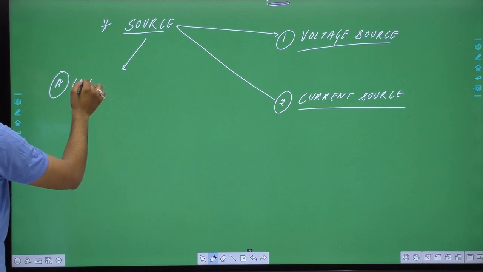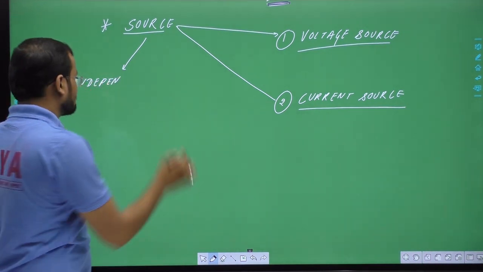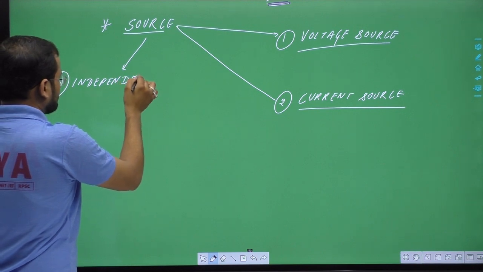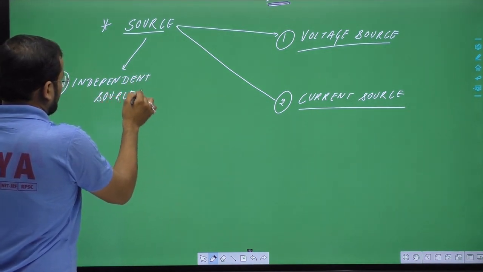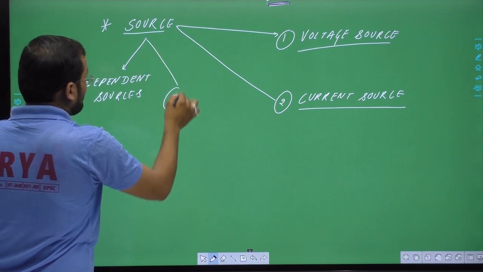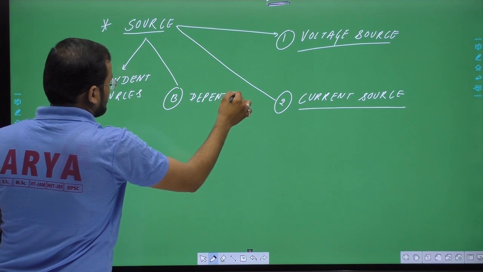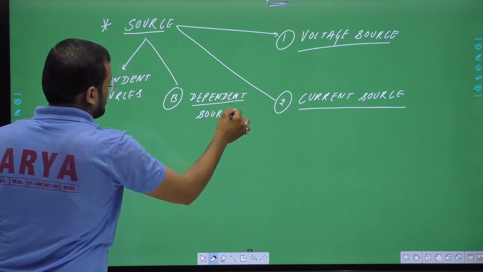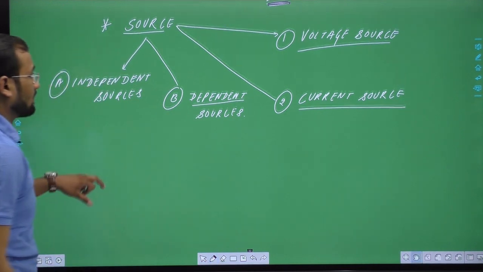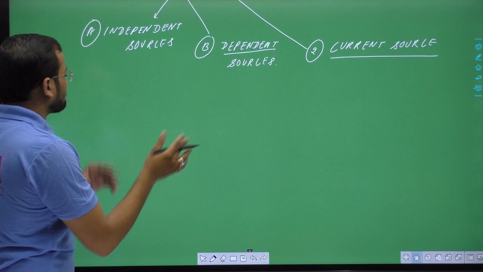First one is independent sources, and second is dependent sources. Okay, dependent or independent sources, what is the difference between the two?